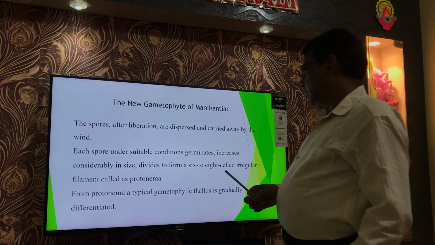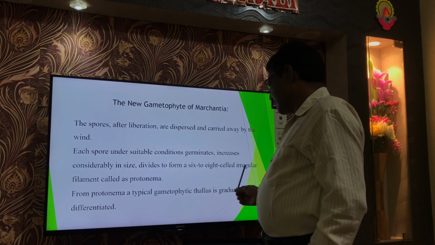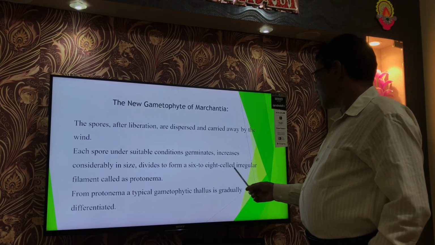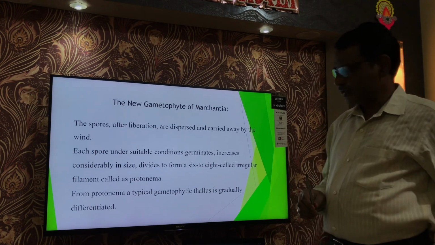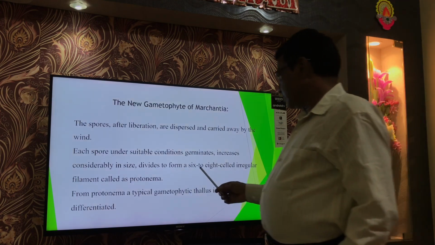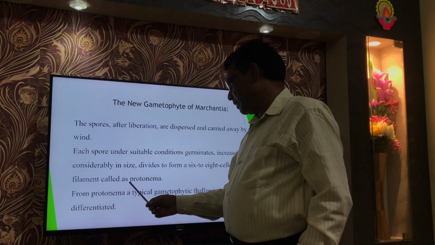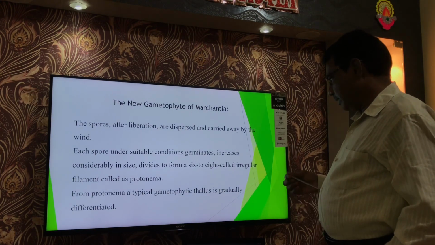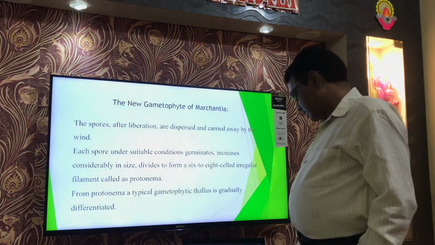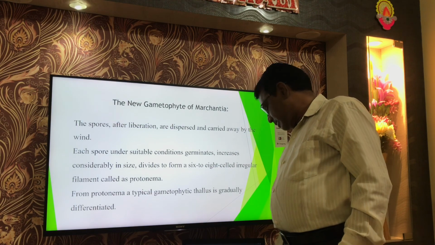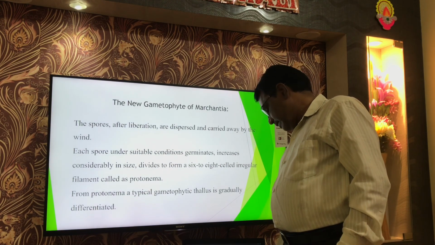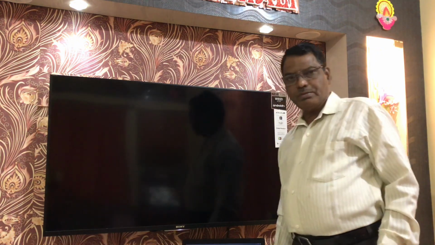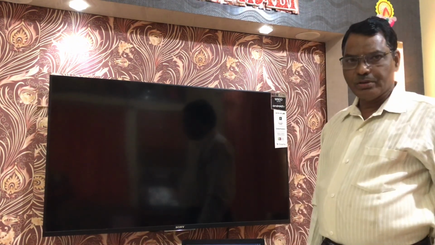So a large number of cells are produced, and here a 6 to 8 celled irregular filament first of all develops. Such a 6 to 8 celled filament is called a protonema, and from a protonema a typical gametophytic thallus gradually develops or differentiates as a young thallus of Marchantia. So this is about the life history of Marchantia.